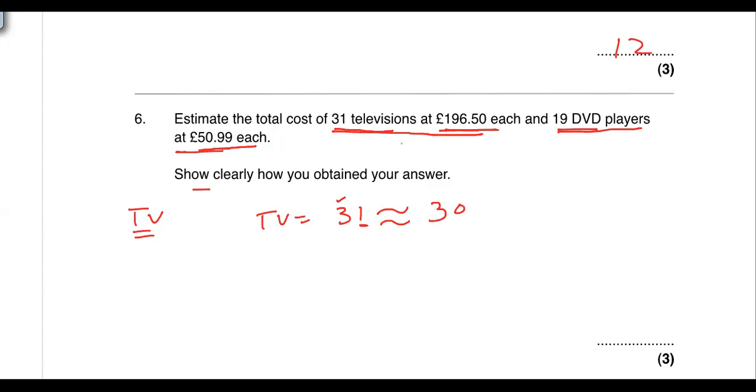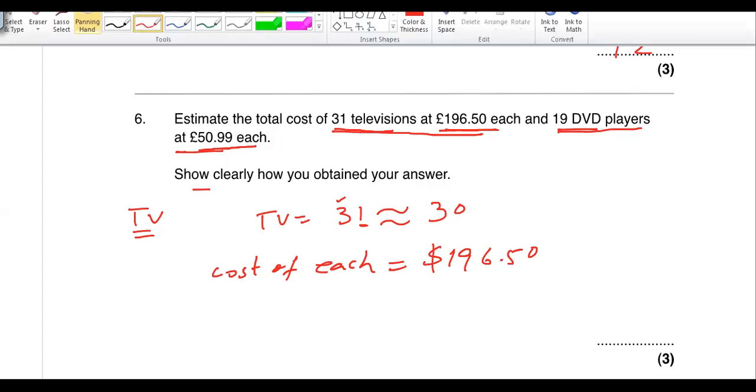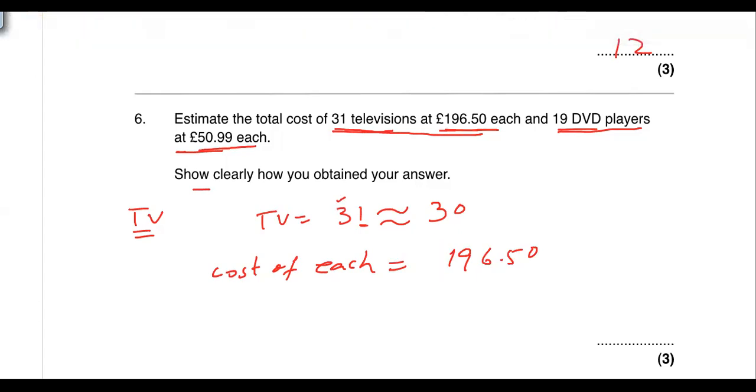Now what is the cost of each TV? It is 196.50 pounds. Oh, sorry, I wrote the symbol of dollar by mistake. It should be the symbol of pound. All right, this is the pound symbol.